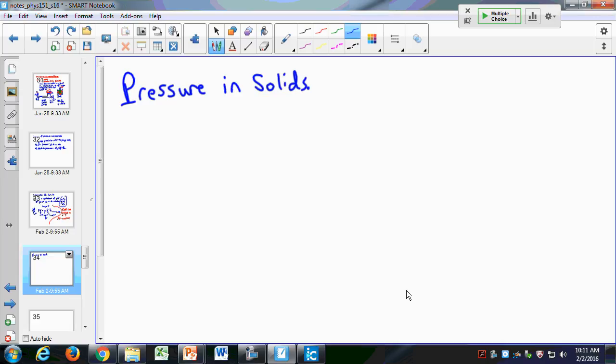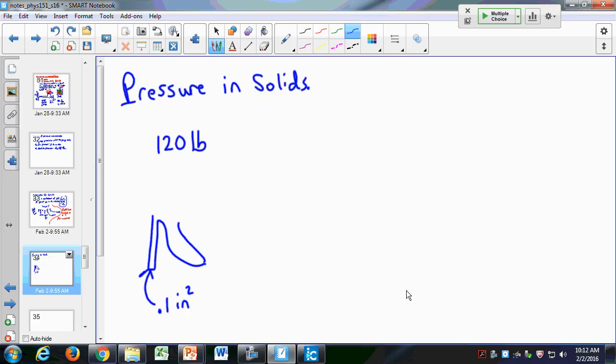High heels, which have a very small area, even if you apply a very modest force, will have a very high pressure. So imagine a lady, 120 pounds, 130 pounds, with high heels that have an area of, say, 0.1 square inches.